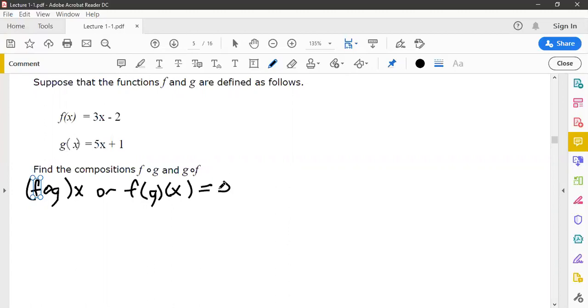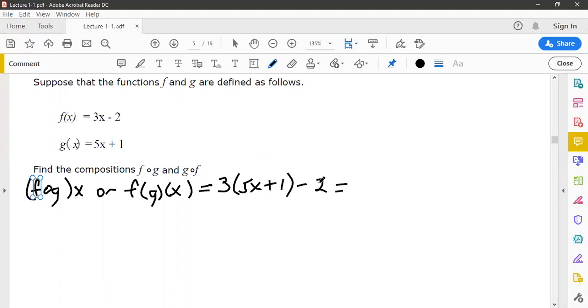So we have 3, and instead of x we substitute the entire g function, 5x plus 1, and we still have the minus 2. All we did was take the g function and substitute it into the x in the f function.